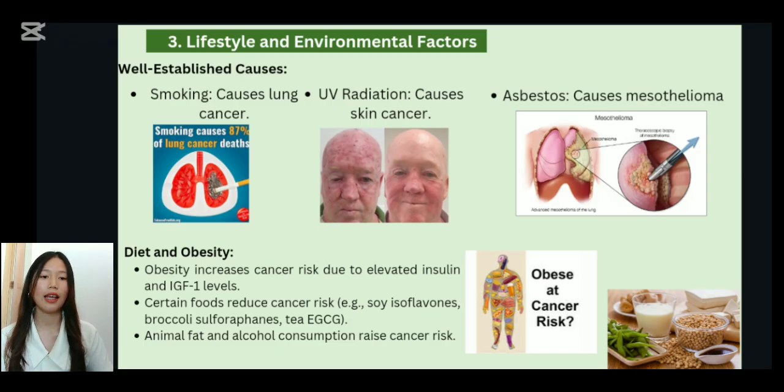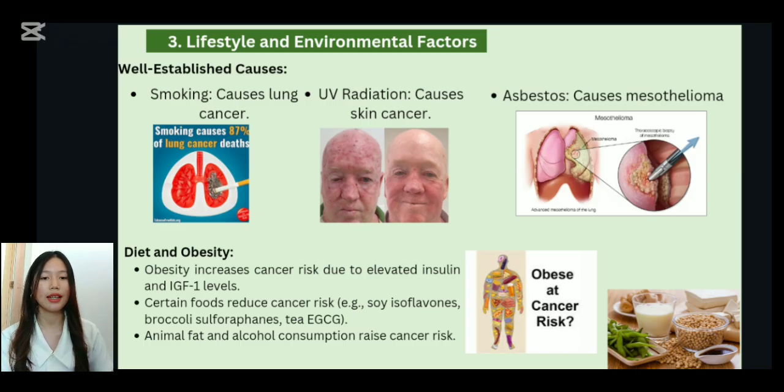So next is diet and obesity. Obesity increases cancer risk because of high insulin production and IGF-1 levels that promote cell growth. When IGF-1 levels rise, it promotes uncontrolled cell growth. So those who are obese or underweight are also at risk of cancer diseases.